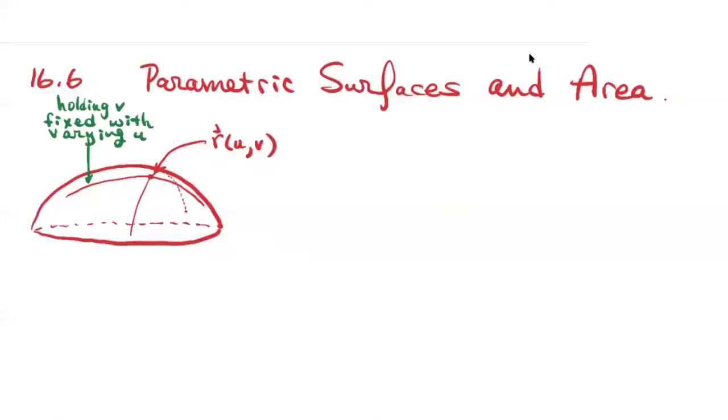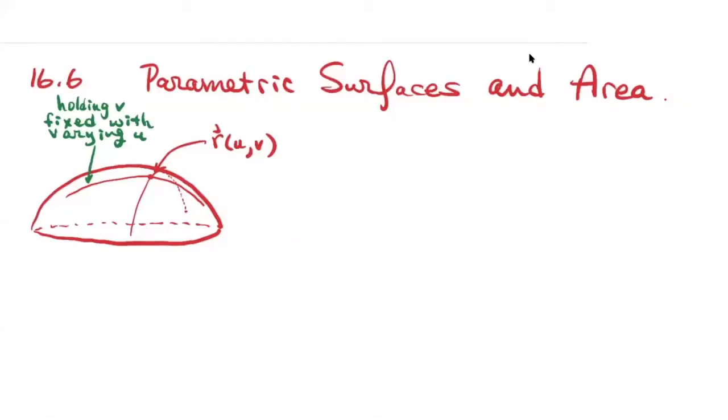So that's just a space curve, and it's one-dimensional because only one parameter is being allowed to vary.